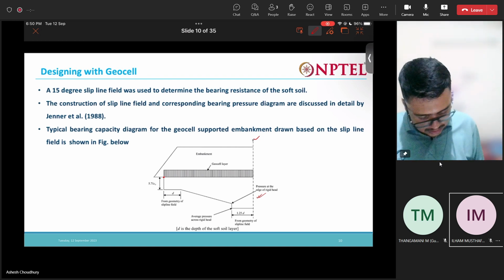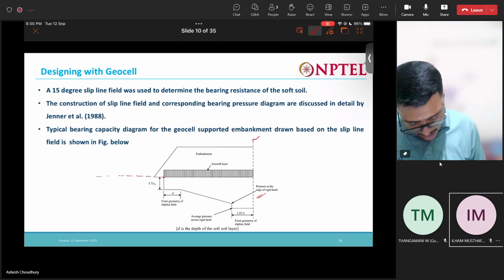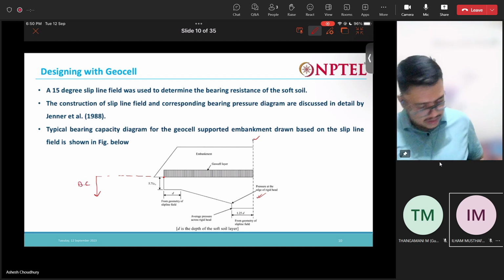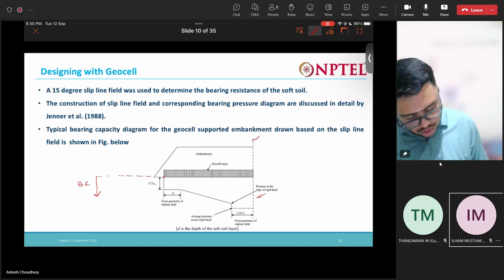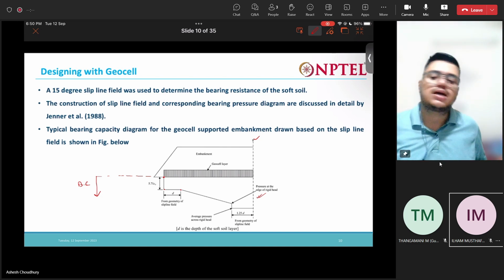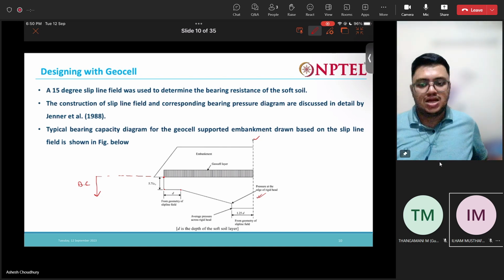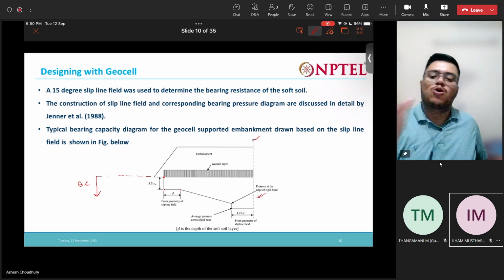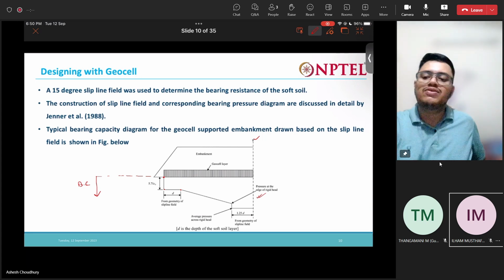So if x and y, in the y direction, from here to here we have 5.71 cu as the constant bearing capacity. All these are given by Jenner.